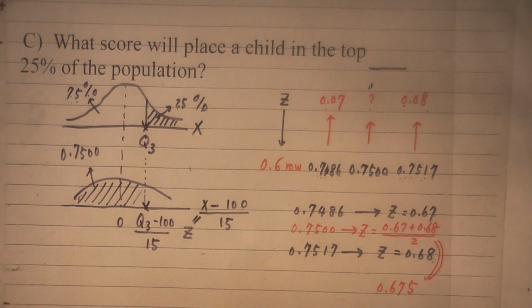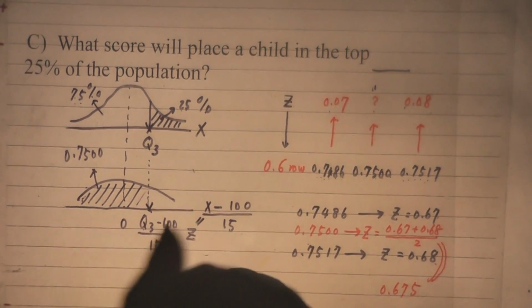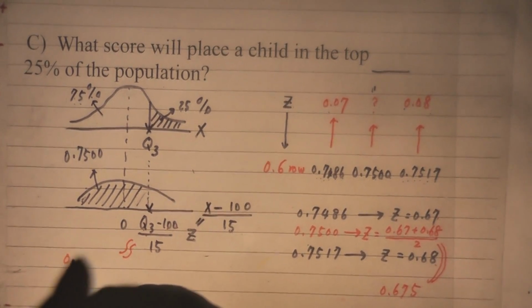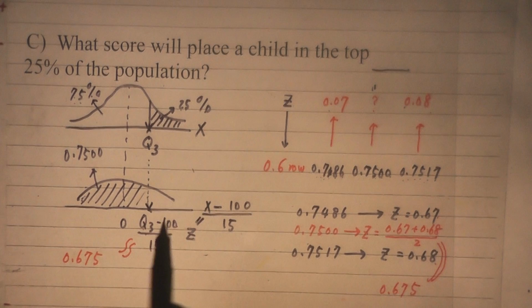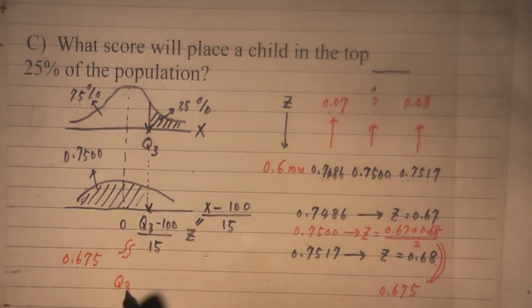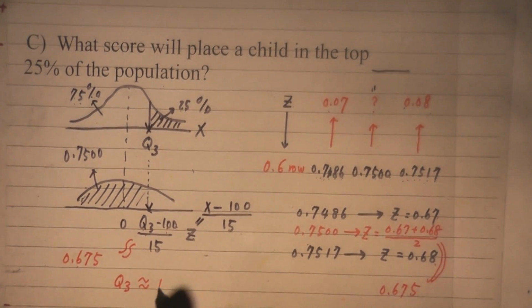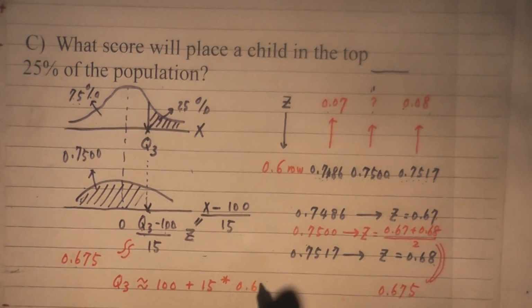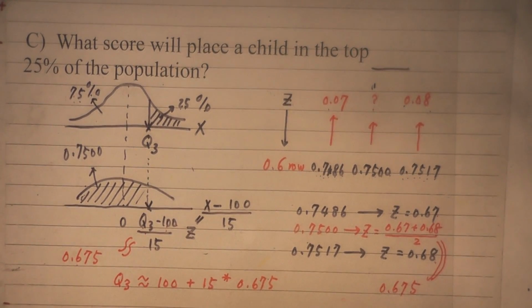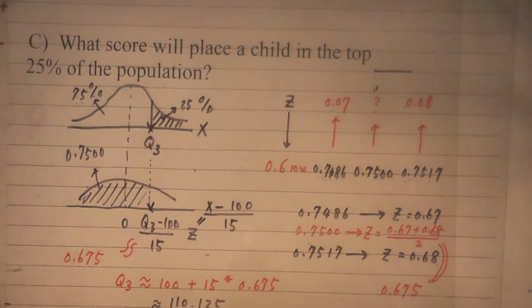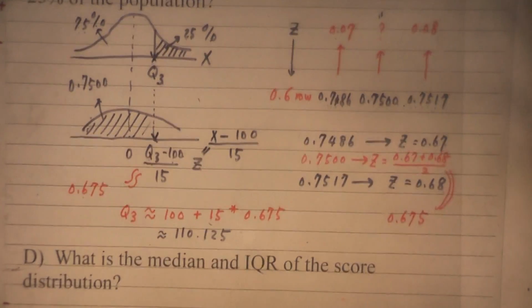So Q3 minus 100 divided by 15 is roughly equal to 0.675. We have one equation with one unknown, so we can solve for Q3. Q3 is roughly equal to 100 plus 15 times 0.675, which is roughly 110.125.